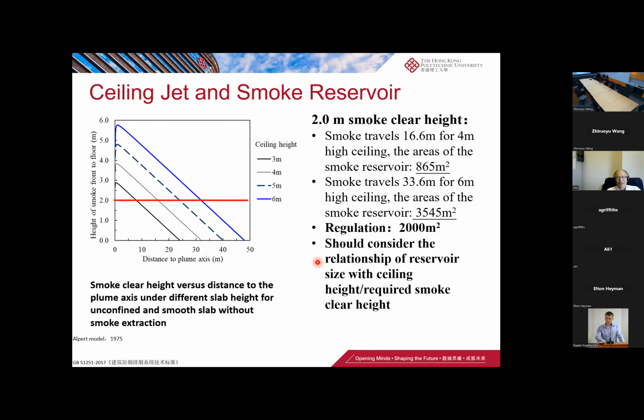So this gives us, I think, that the smoke reservoir shouldn't be regulated with an arbitrary number and should consider other issues like the ceiling height, the smoke temperature, and the shape of the smoke reservoir. So this is the reason we do this study.